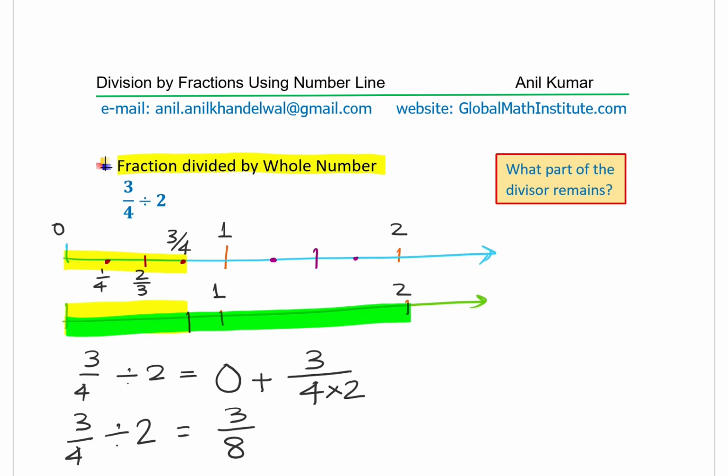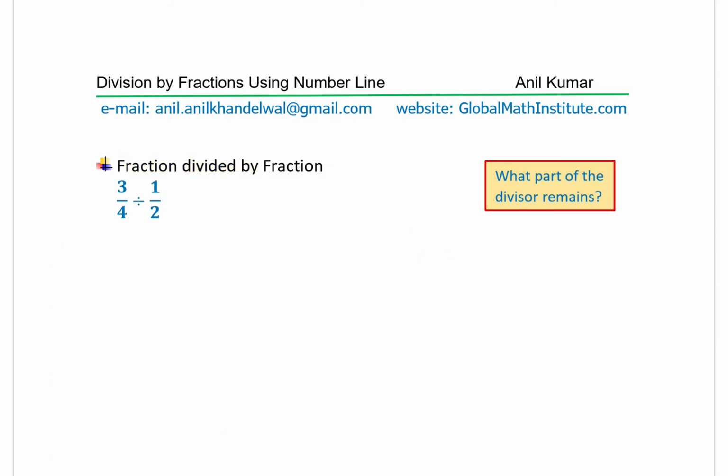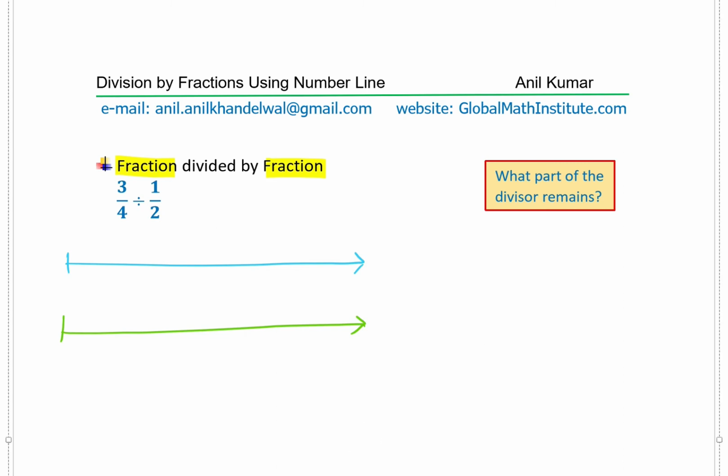Now let's take the next example, which is dividing by a fraction. A fraction by a fraction, right? So we have a fraction which is being divided by a fraction. So here is 3/4 and the divisor 1/2. Since these numbers are less than 1, we'll take 1 as from 0.